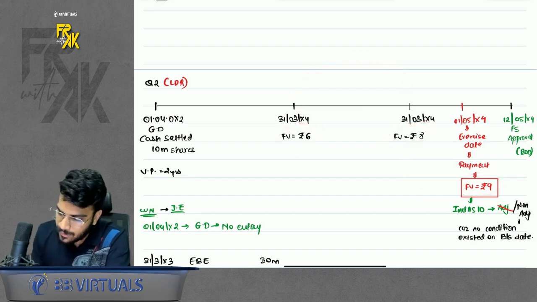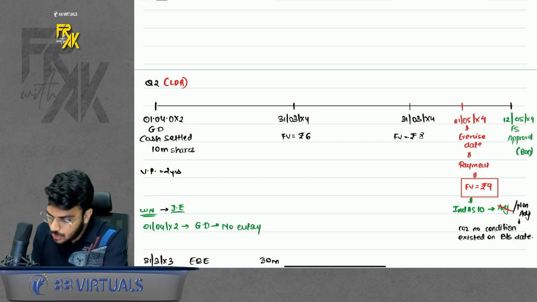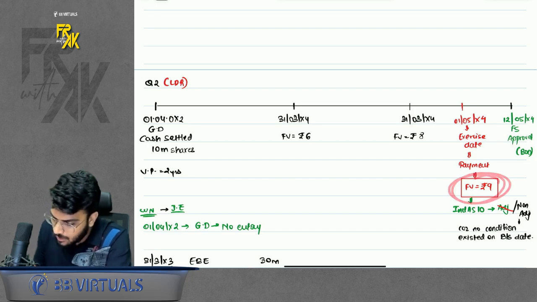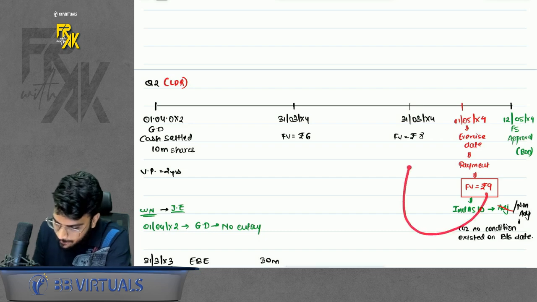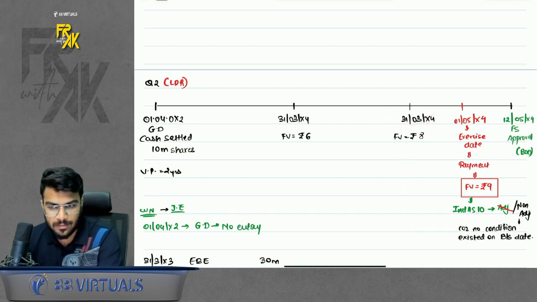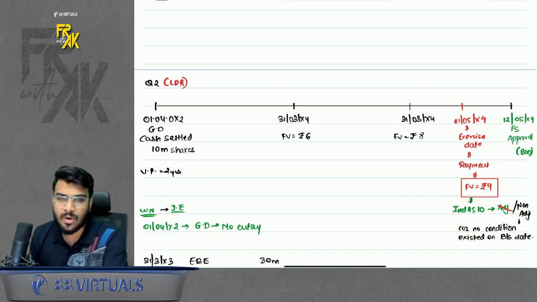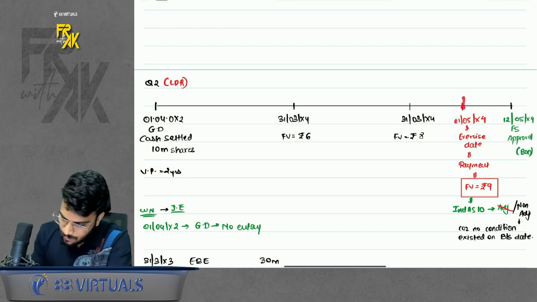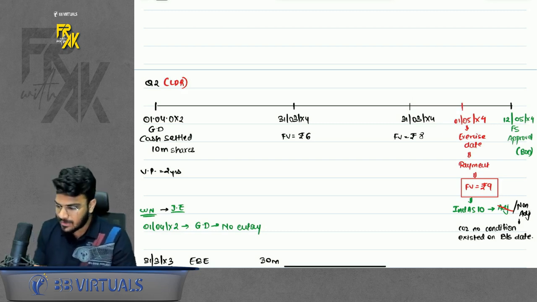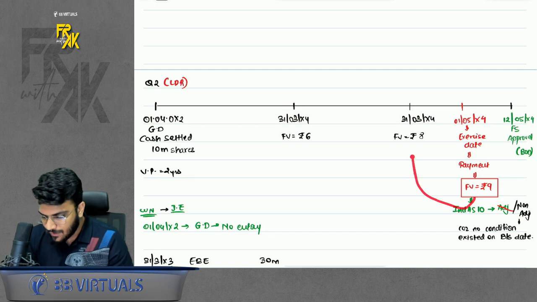Okay, and they have mentioned that the FS are approved on 12th of May. So this fair value increase, is it an adjusting or non-adjusting event? Because if you treat it like an adjusting event, then you will change the fair value to 9 in the previous year only. But of course, there was no condition existing of this increase. So this is a non-adjusting event, right? So if on exercise date the fair value is 9, you will not change the fair value at the previous year end.